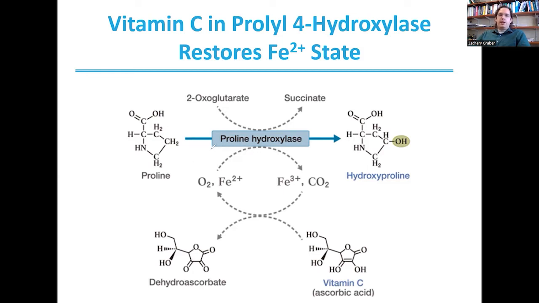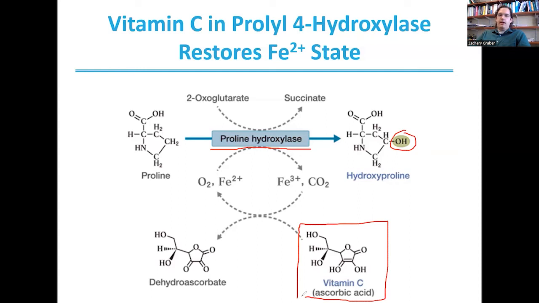So we take our proline and we use a proline hydroxylase enzyme to add on that OH or hydroxy group onto our proline. Now this reaction uses our vitamin C here as a key cofactor.